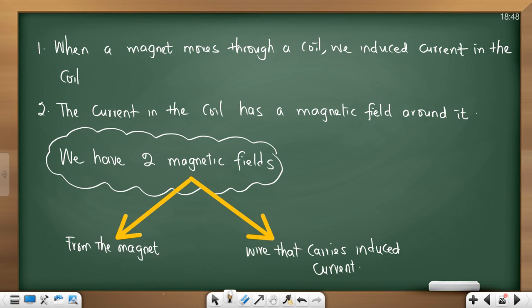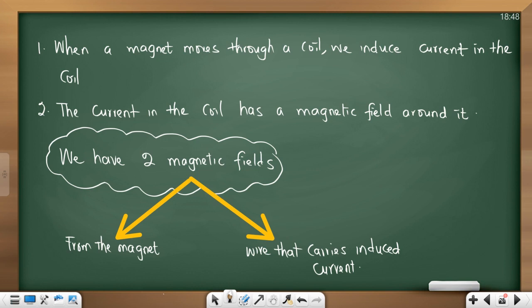What I just explained here, saying when a magnet moves through a coil, we induce current in the coil. Now, the current in the coil will then have a magnetic field. That was the first thing we did in this topic, to prove that when we have a wire that carries current, there is a magnetic field.